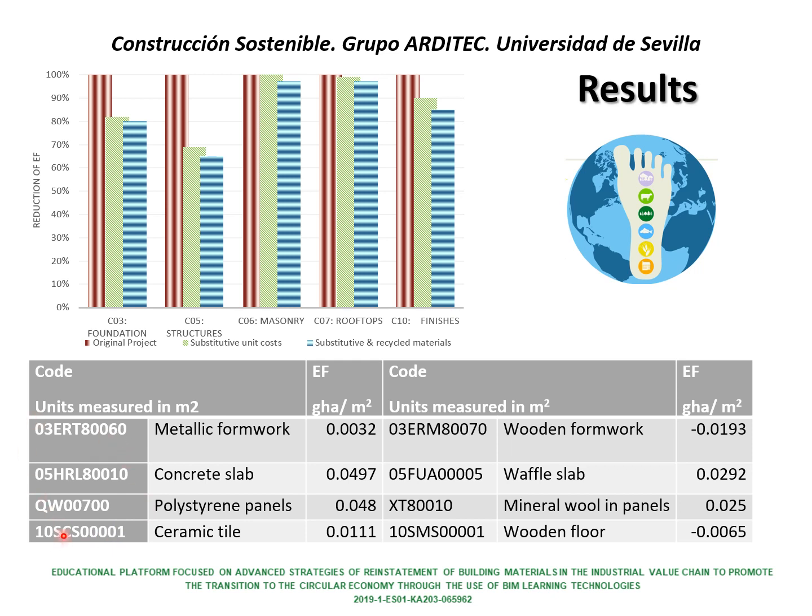Only changing those 4 elements, we can significantly reduce the impact. Here in green is what we do when we change the metallic formwork for wooden formwork, or the concrete slab to a waffle slab, or we use a wooden floor instead of ceramic tiles. Then we can see how those impacts are reduced.